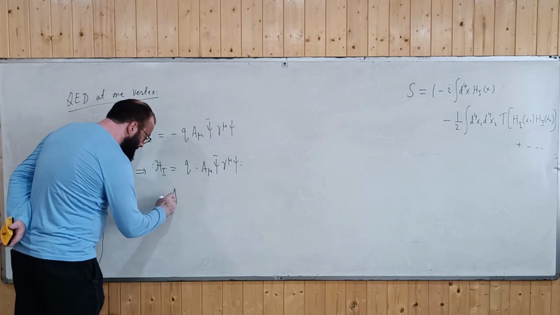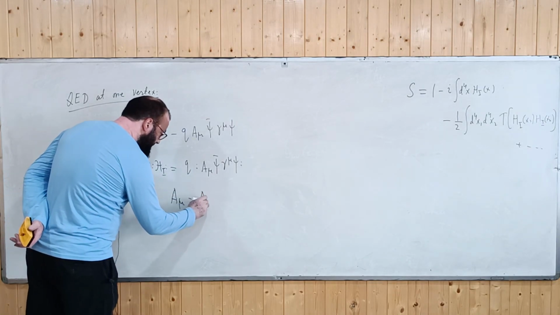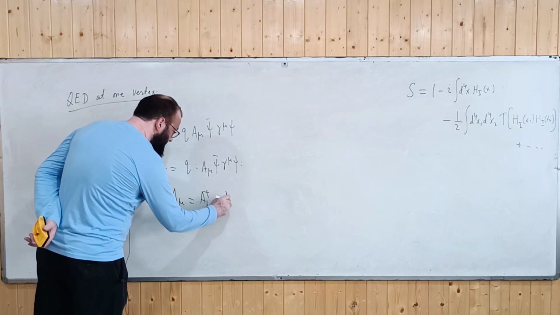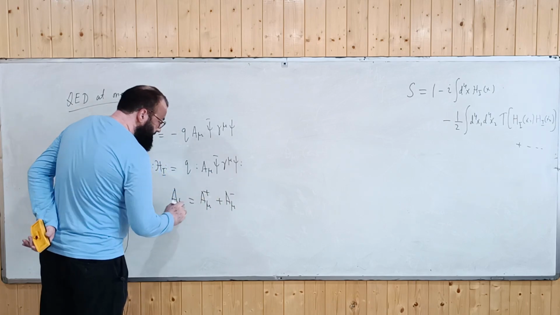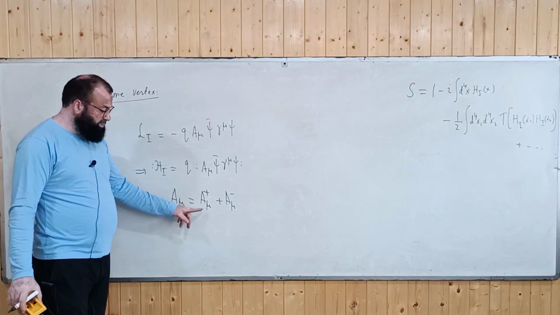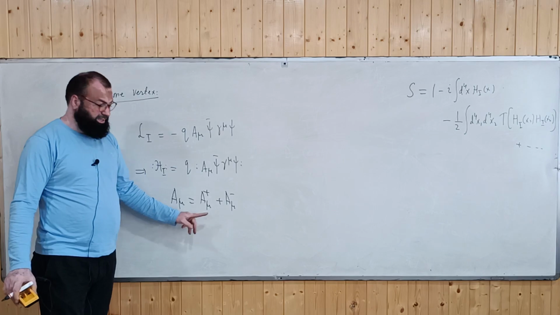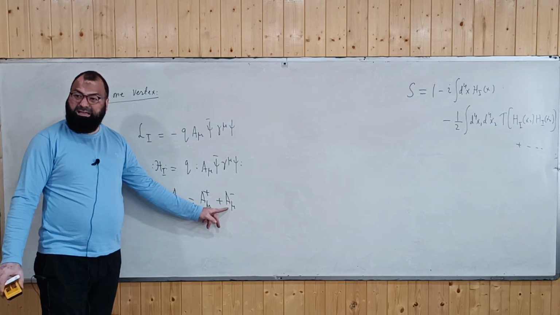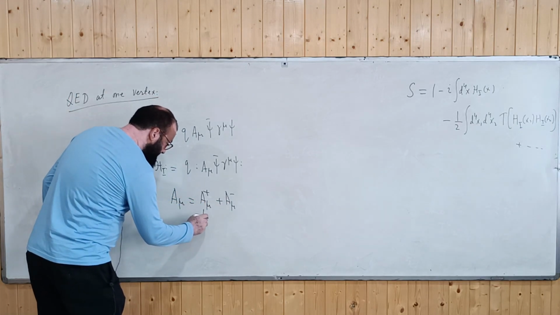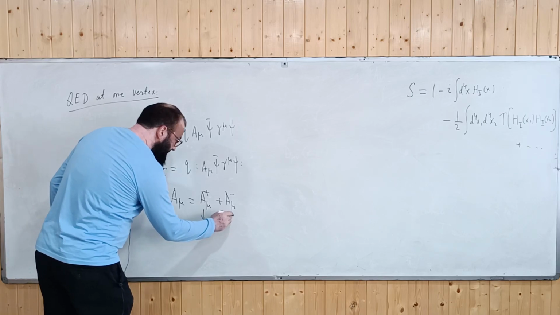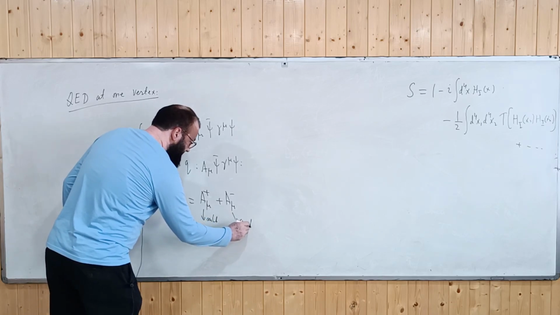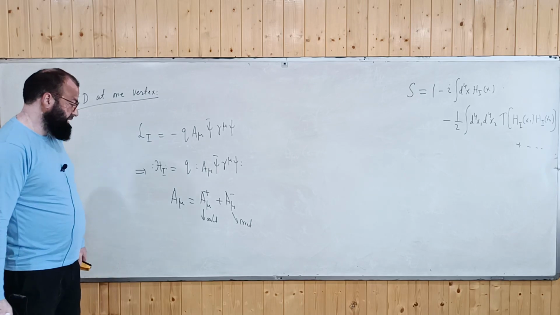Okay, let's look at this. I will decompose A_μ as A_μ⁺ plus A_μ⁻. A_μ⁺ means annihilation of a photon, and A_μ⁻ means creation, the way we did in the Yukawa theory.